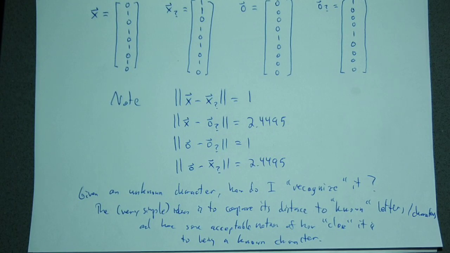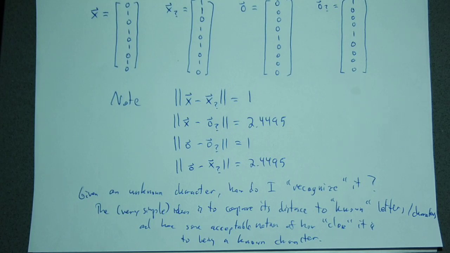This is at the bottom of page 4. It says if we convert this to a matrix and then unroll it to a vector, you get some vector u, and then you find that when you compute the distance, comparing it with x and o, it has a greater distance to x than it does to o, and so we call it an O.